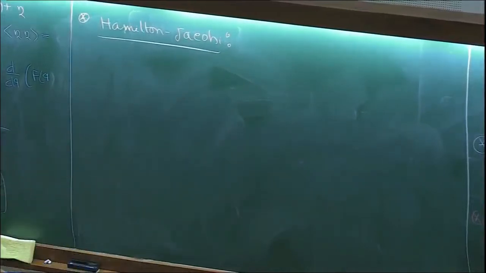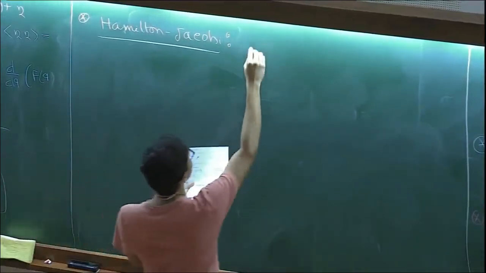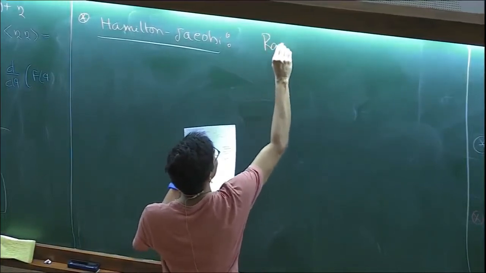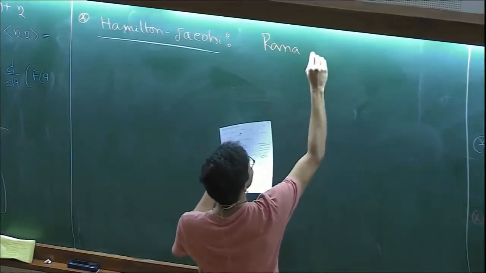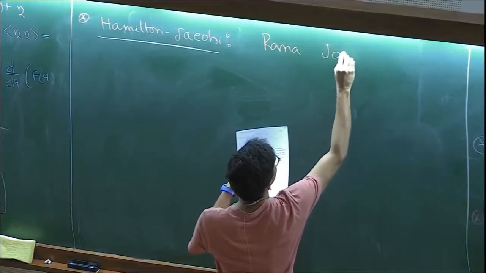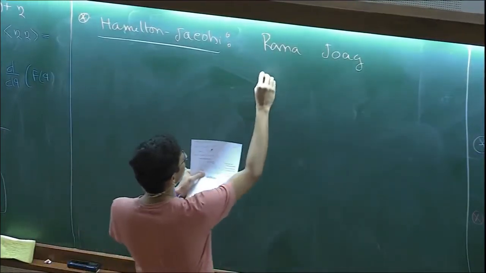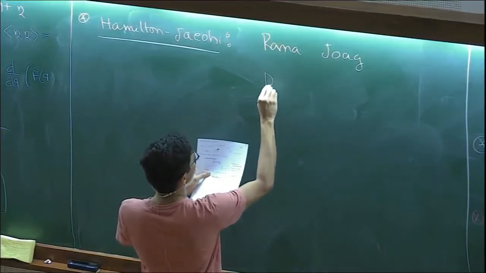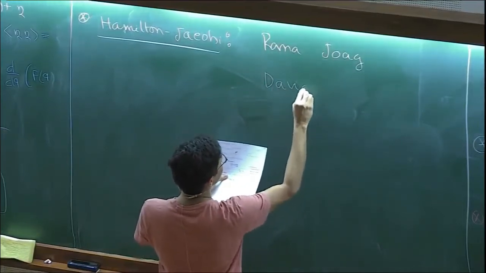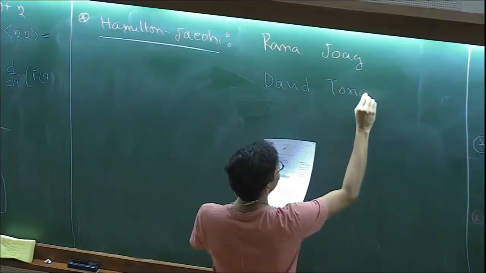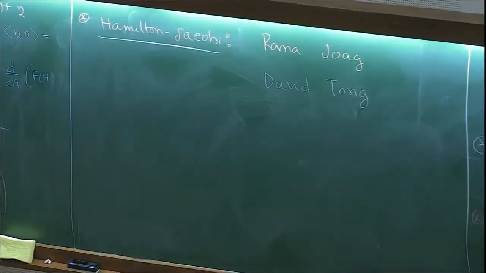I'm not going to derive things. You can look at references like this classical mechanics book I very much like, an Indian edition, and there are very nice lecture notes by David Tong in Cambridge. You will find these discussions there in classical mechanics.